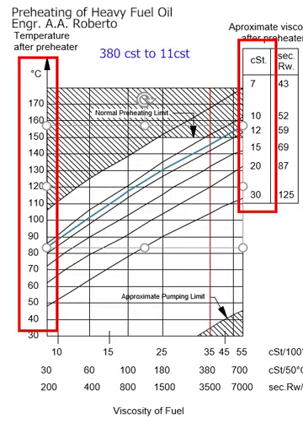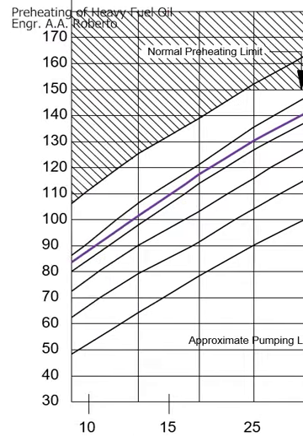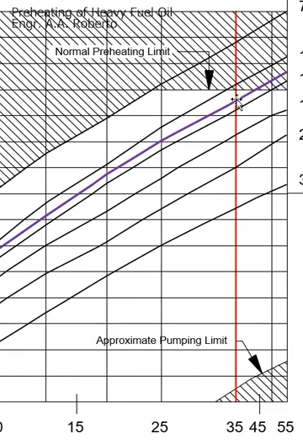Maybe change it to yellow color. So here's the line for 11 centistokes. As we can see here, it intersects on this side here.